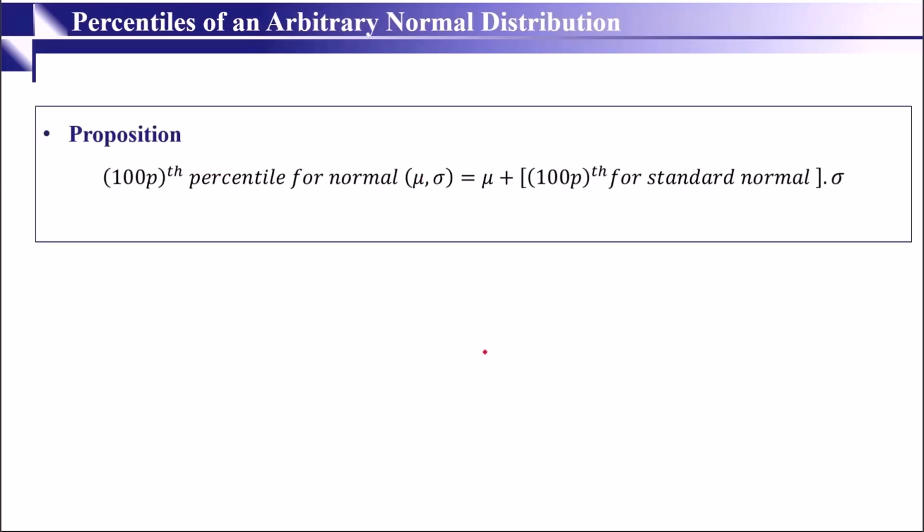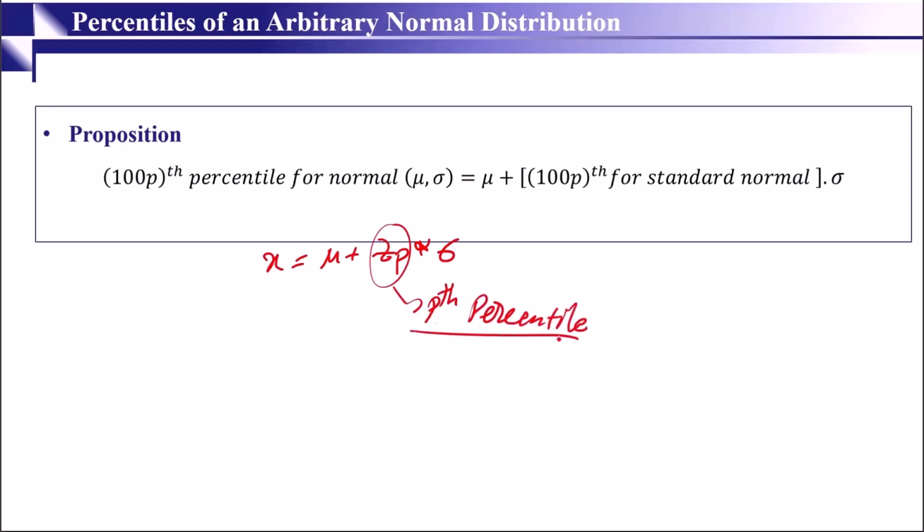Here we're going to see a proposition for finding percentiles of any normal distribution. For the pth percentile, we compute x equal to mu plus zp multiplied by sigma, and this zp is the pth percentile of a standard normal distribution. This generalizes our earlier examples and is crucial for applications like setting thresholds or confidence intervals.